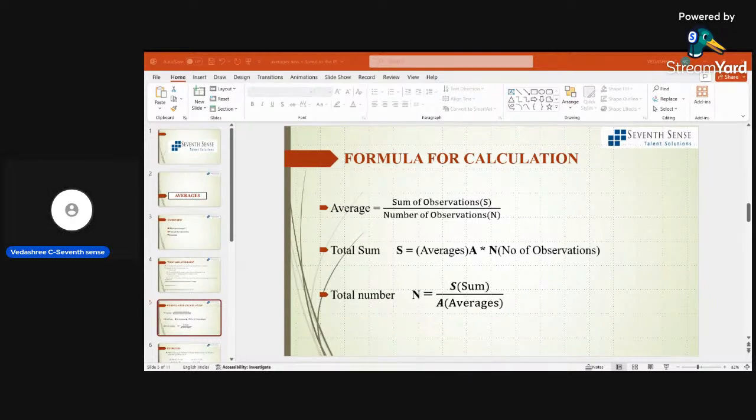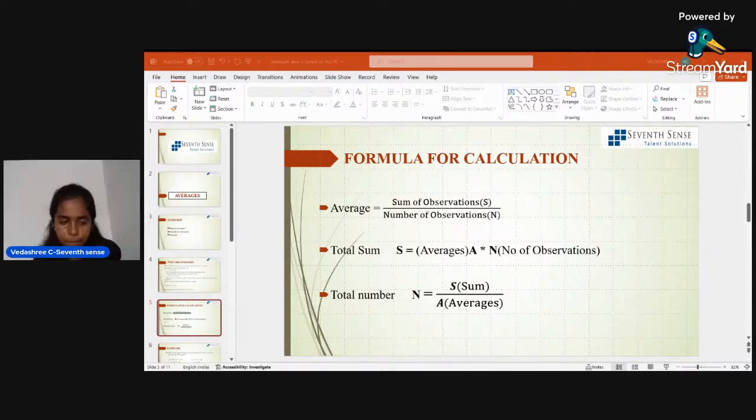Here we have one trick or tip to solve average problems. For all consecutive numbers, what do you mean by consecutive here? Consecutive is nothing but continuous numbers.